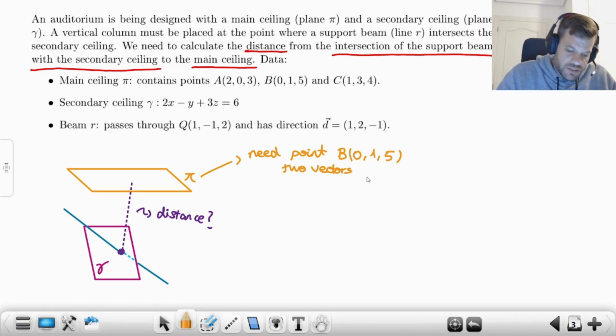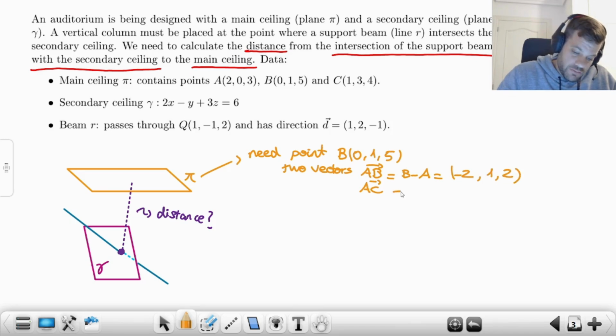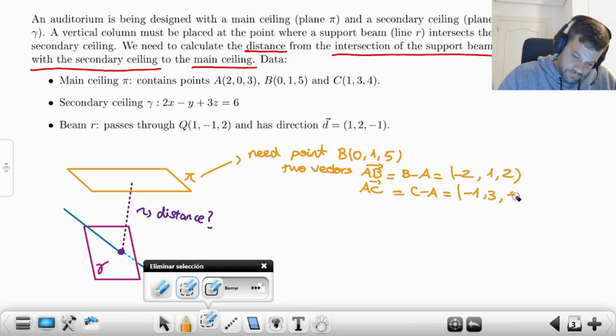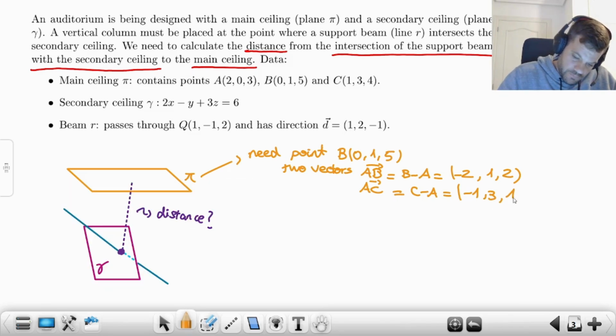Any combination is valid. So for instance, vector AB and vector AC. Endpoint minus starting point, B minus A, would be -2, 1 and 2, and AC would be -1, 3, and 1.